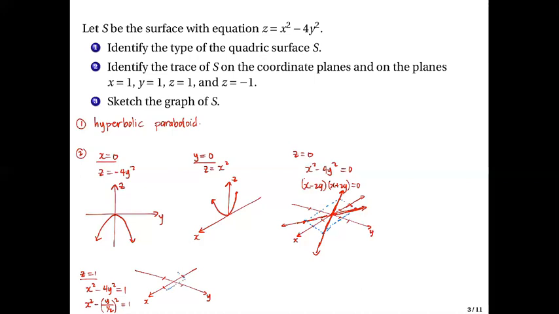So we have this smaller rectangle. And let us try to draw the asymptotes of the hyperbola that we will draw.